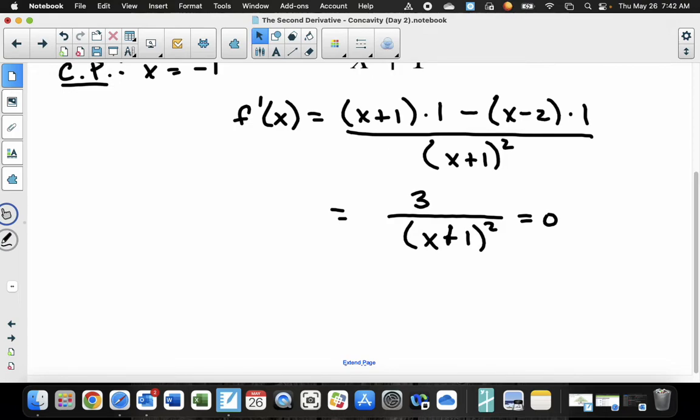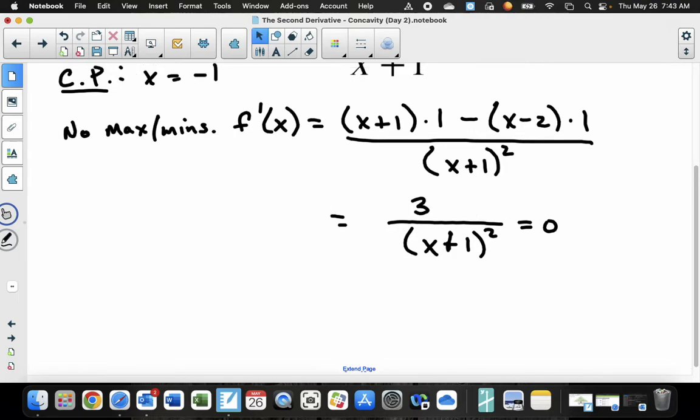So in this case, there will be no maximums or minimums on this problem. Otherwise, if it wasn't this exact problem, you would have some sort of function in the numerator. You'd set it equal to 0, solve, find your max and mins, okay? But in this case, there are no maximums and minimums because it won't equal 0. Which means the only critical point I have is at -1, at that vertical asymptote, which means I need to figure out what's happening on either side of -1.